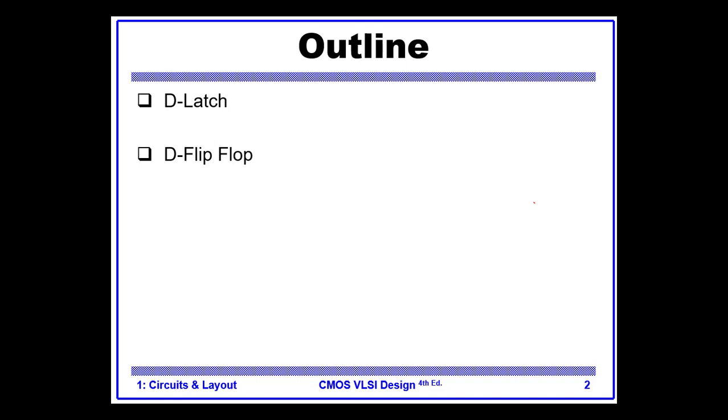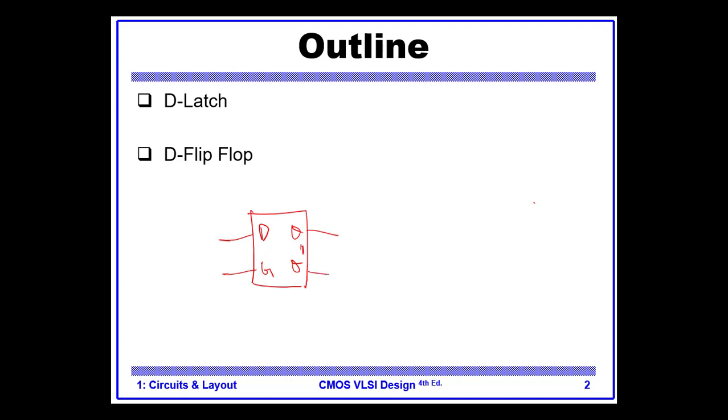Let me go back to here just to introduce them both. So D-Latch, you can say, is like a box which has D, Q, and sometimes this is called gate, and this is Q prime or Q bar.